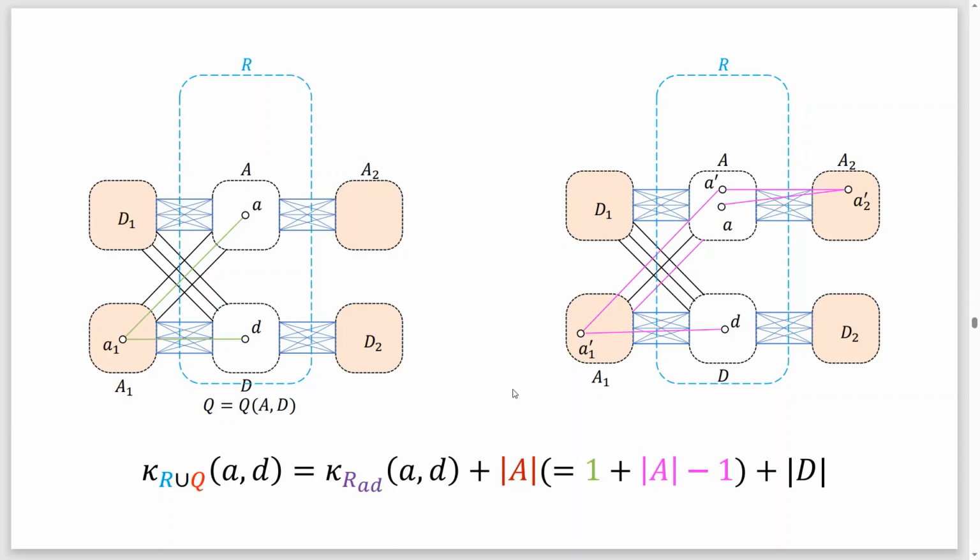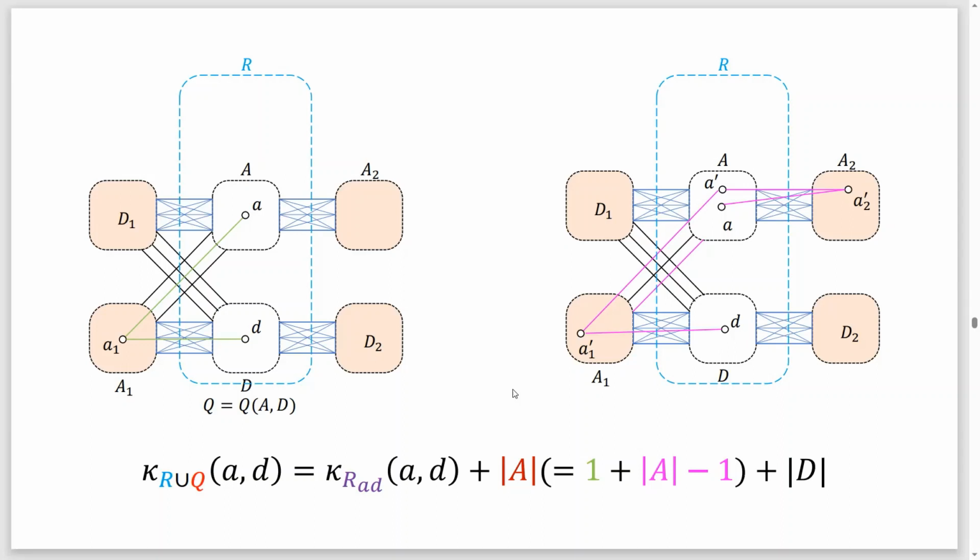First, we have this green path, only one green path. From A, we can go to the duplication A1 in the set big A1, and then to the sink D. And also for everything in the set A other than the source a, we can take A prime, and let A1 prime and A2 prime be duplications of A prime in the sets A1 and A2.